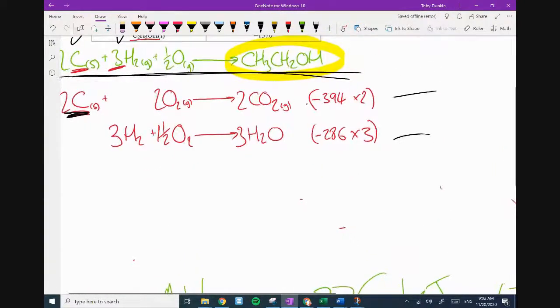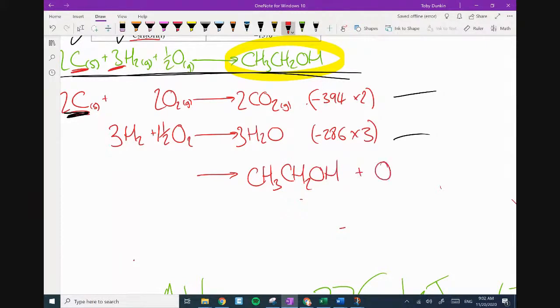Okay. So I'm going to flip that equation over. I'm going to make the ethanol on that side in the position underneath what I want, plus oxygen, and that's being made from carbon dioxide and water, and then I have to balance it, 2 carbon dioxides, 3 waters, and then how many oxygens? 3.